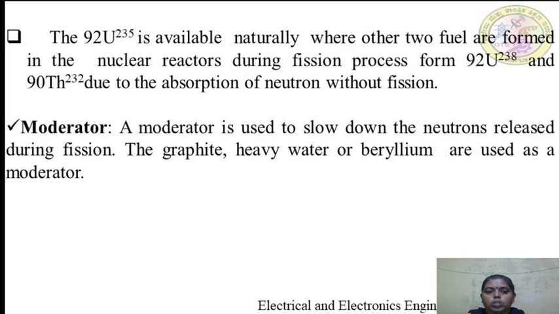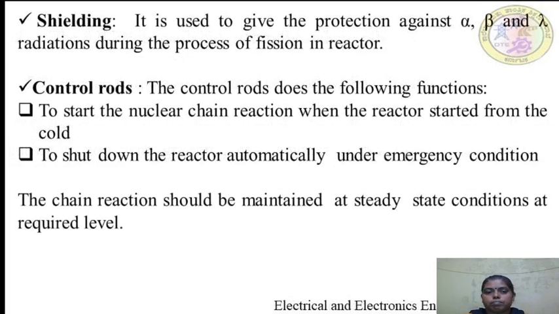The materials used as moderator are graphite, heavy water or beryllium. The next component of the reactor is shielding. The purpose of using shielding is to give protection against radioactive emissions like alpha, beta and gamma during the process of fission in the reactor.